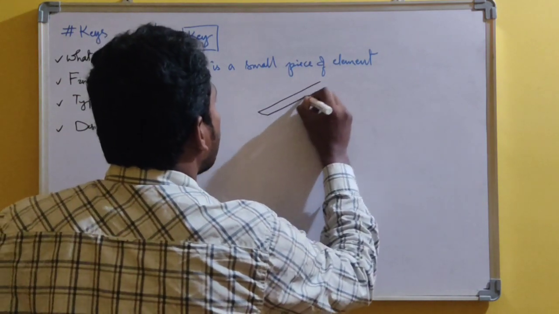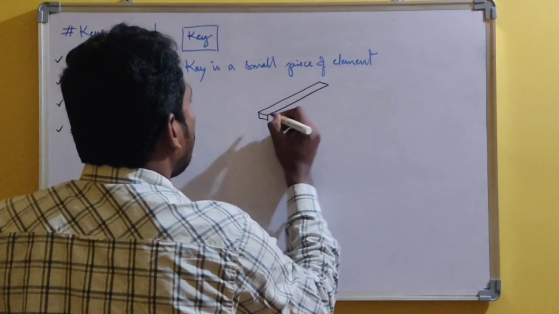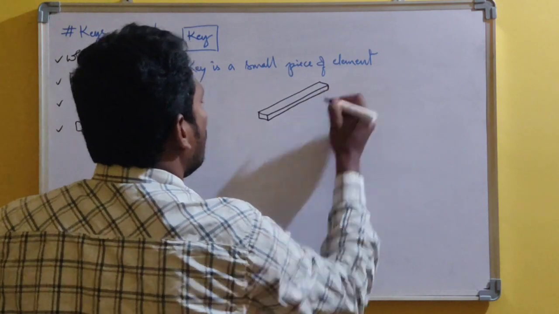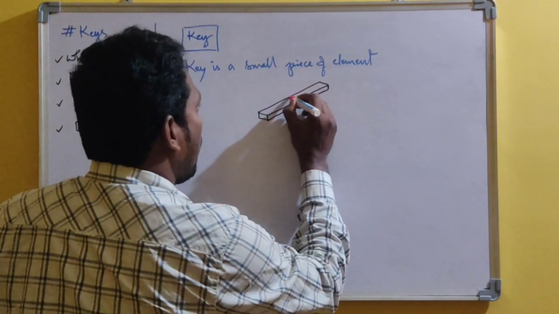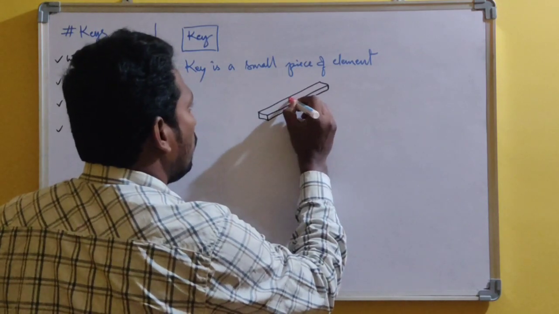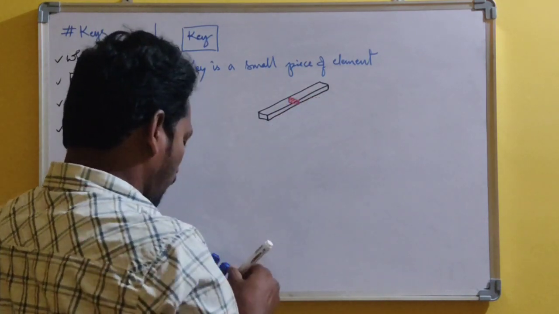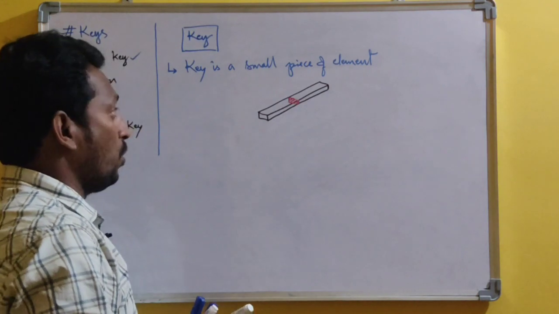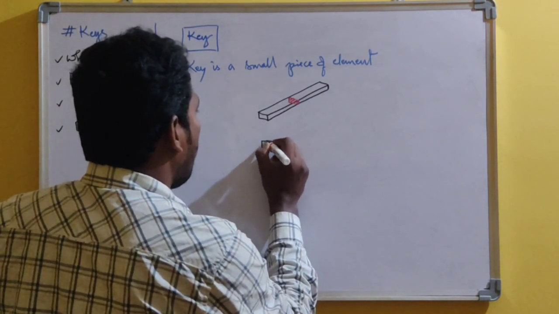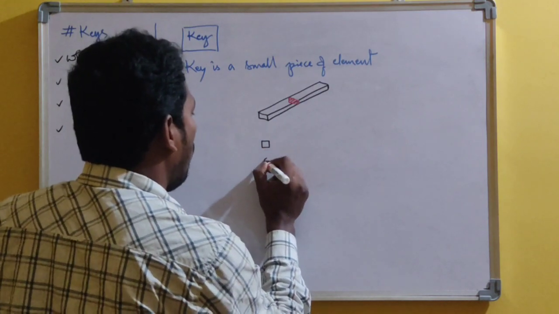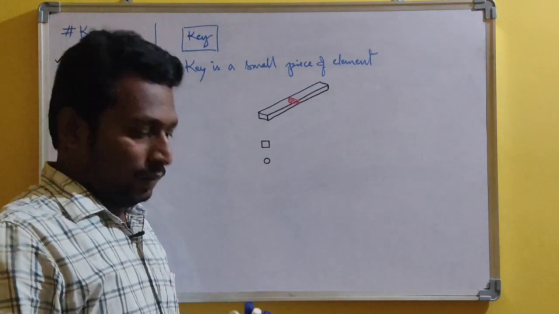The key is graphically represented like this. This is a key. Here this key has a rectangular cross section, and sometimes other keys are also used, which have square and circular cross sections.